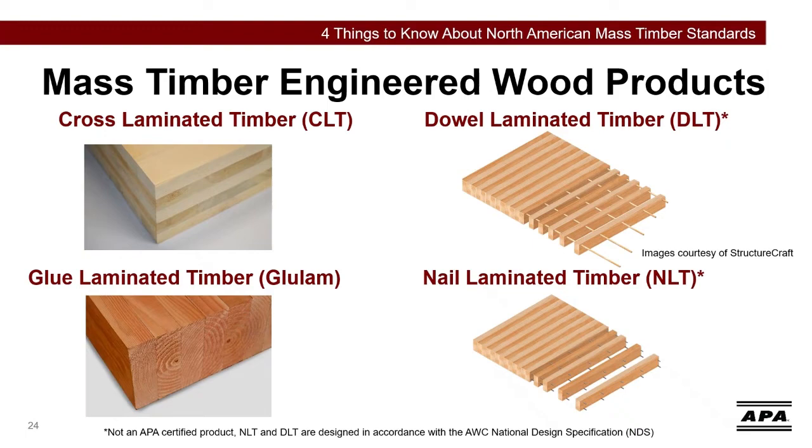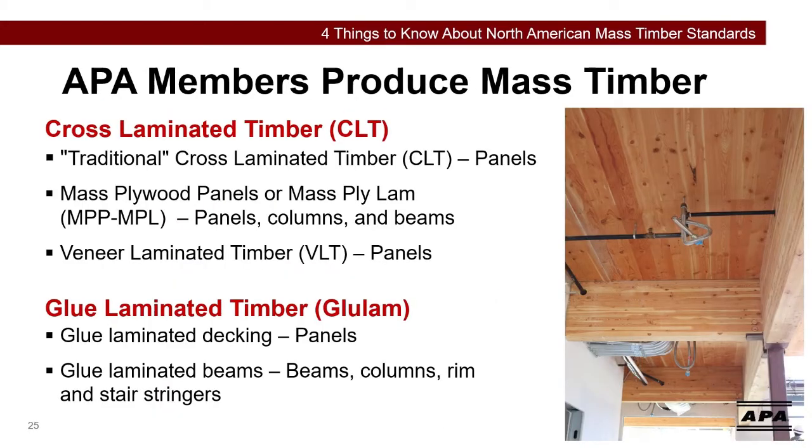Other mass timber products include nail-laminated timber and dowel-laminated timber that are designed in accordance with the American Wood Council's National Design and Specification for Wood Construction. There's also mass plywood panels and veneer-laminated timber. Today, we'll be focusing specifically on traditional CLT and Glulam used in mass timber construction.